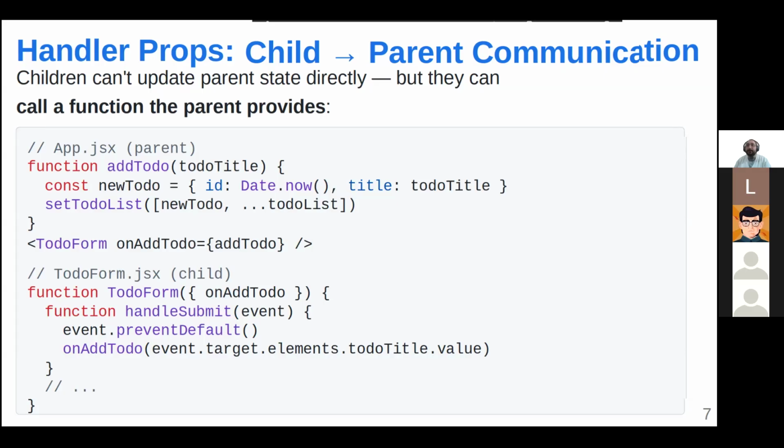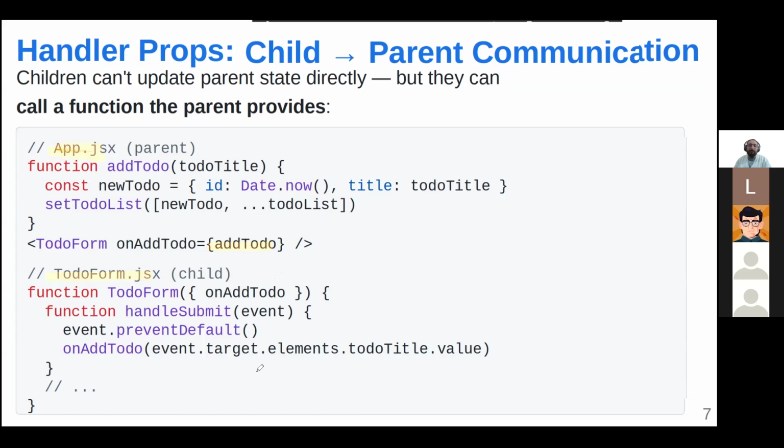Here we have our parent App.jsx and our ToDoForm, which is a child in the app. The parent passes the onAddToDo, the addToDo function, which is declared in the parent, and we have all the logic in the parent. So the parent holds the logic here. The child doesn't know what a to-do has or does.